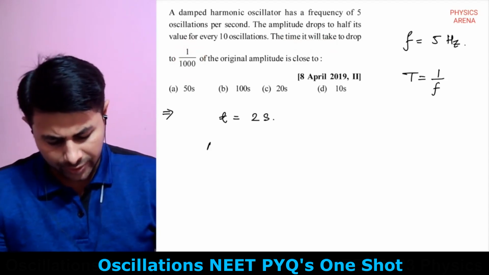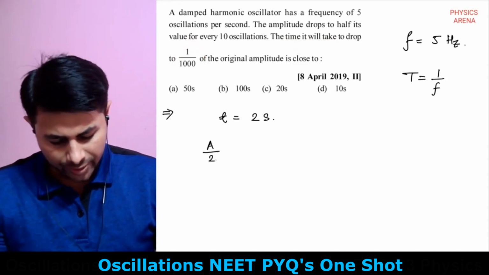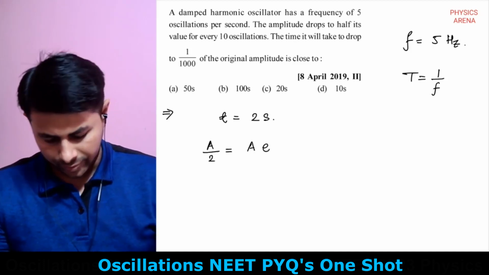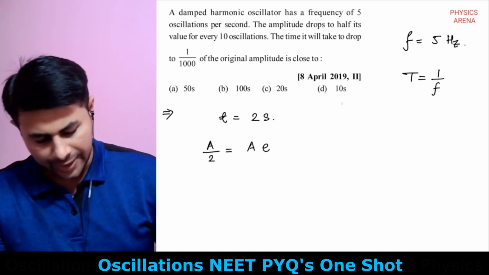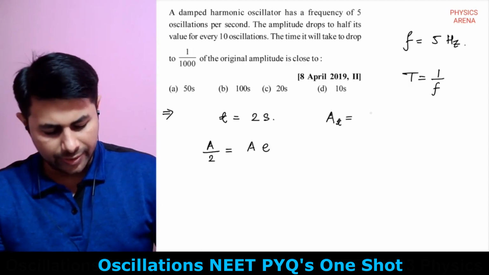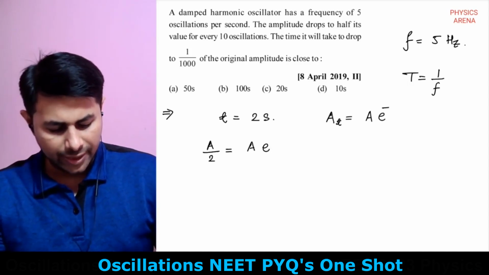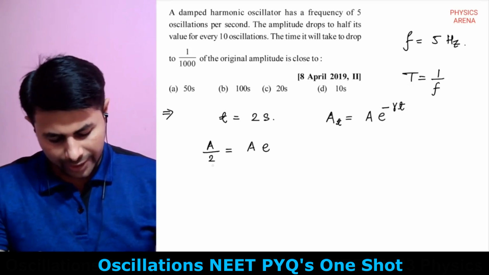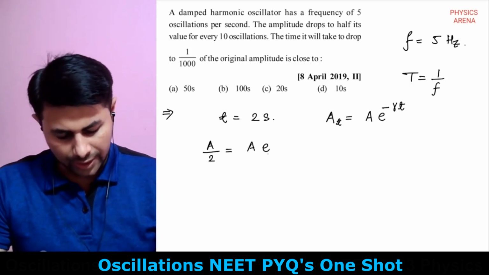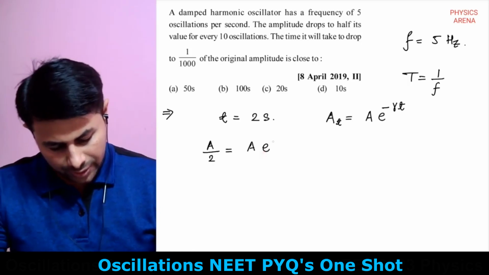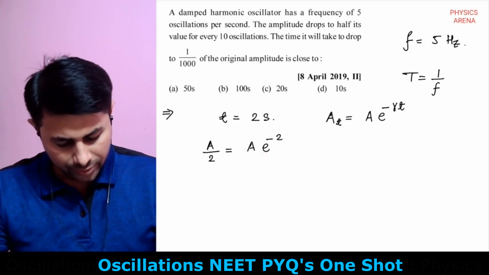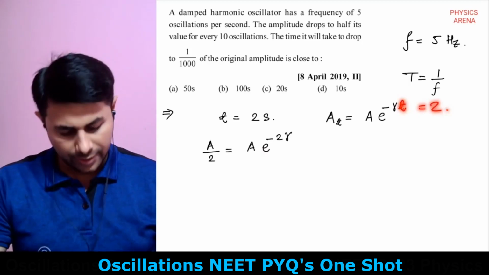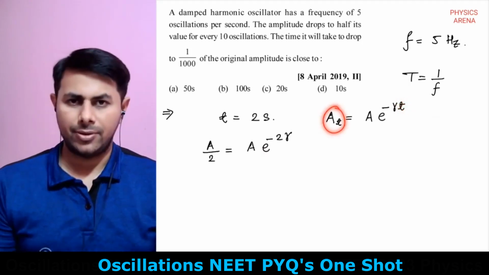Let's write our equation: A t equals A multiplied by e raised to minus gamma t. So A by 2 is equal to A multiplied by e raised to minus 2 gamma, since when t is equal to 2 seconds, amplitude becomes half.